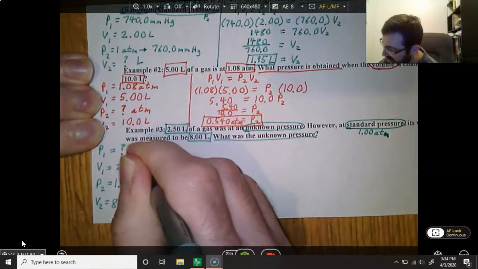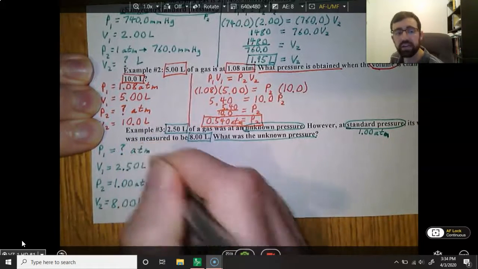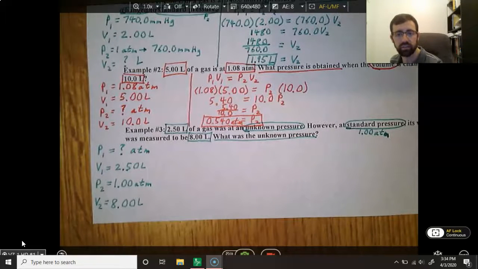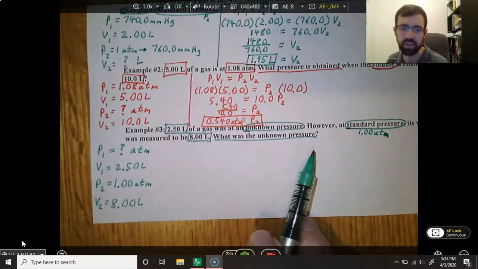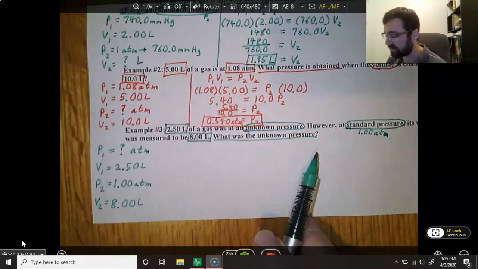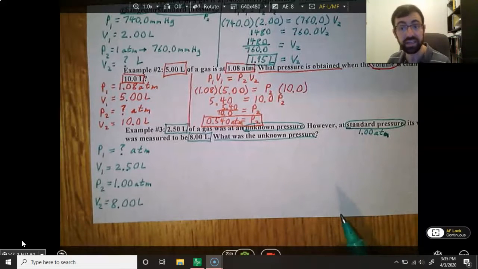You could solve this several different ways. You're going to get a different answer if you solve it in millimeters of mercury or in kilopascals. You'll get different numerical answers. But in this problem, it just says, what was the unknown pressure? It doesn't tell you what units you need to use. And because of that, I'm just going to use the units that are easiest for me.